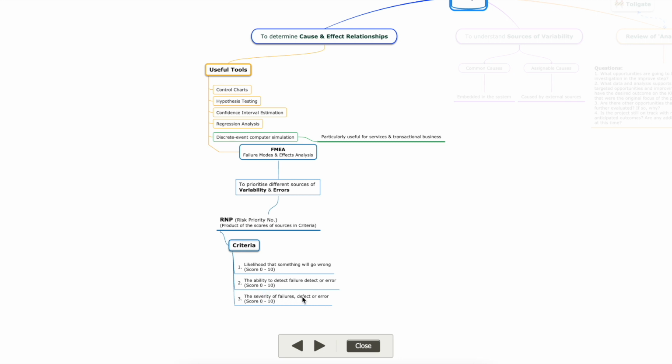The third is the severity of failures, defects or errors, and we give certain marks. Once we give these scores, we multiply them and we get a risk priority number. This risk priority number will help us in prioritizing the risks that we need to tackle first, and the ones that we can hold on or tackle later on.